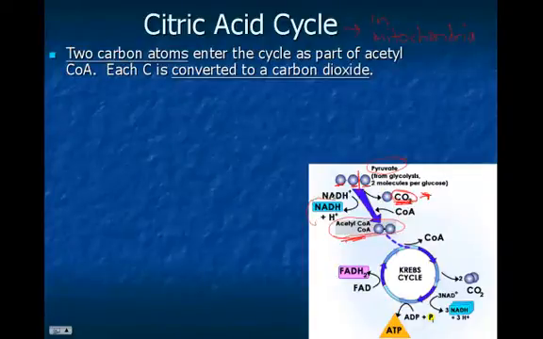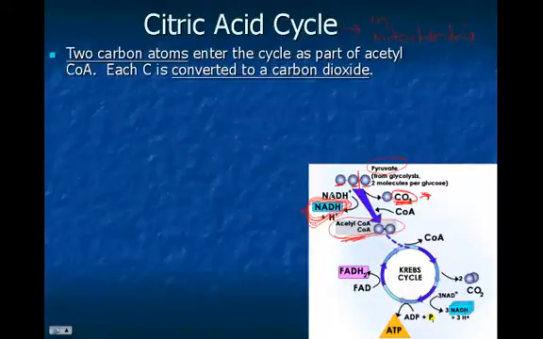This electron carrier is going to be important because we're going to come back to this when we talk about the electron transport chain. So we're going to talk about these electron carriers where energy is passed on, and it's going to be storing energy for now that will eventually be used to make ATP.